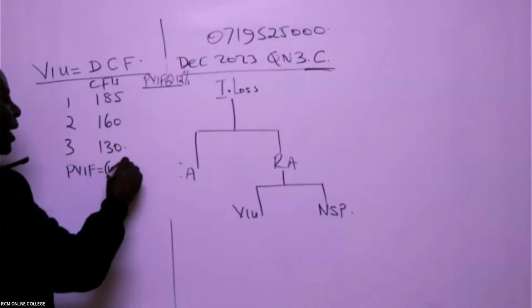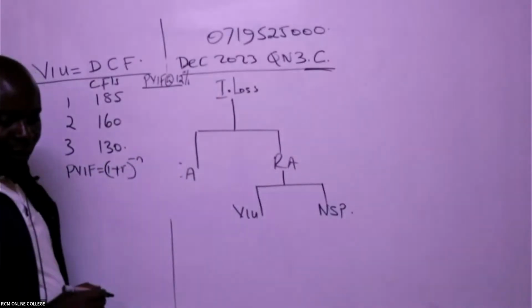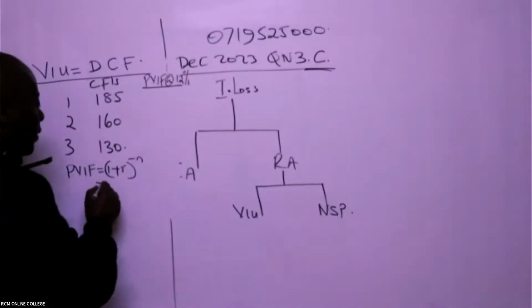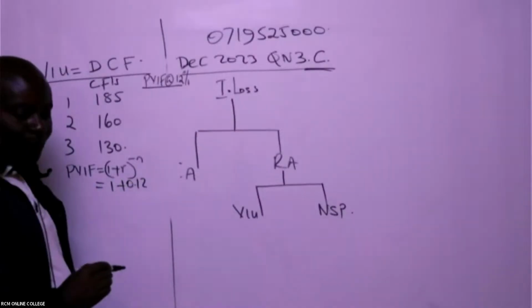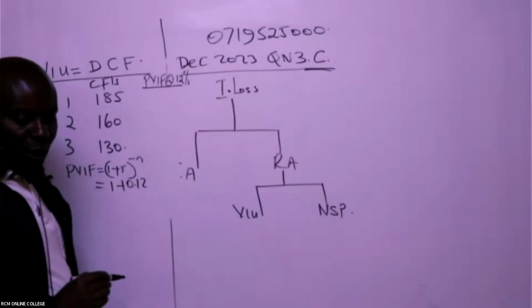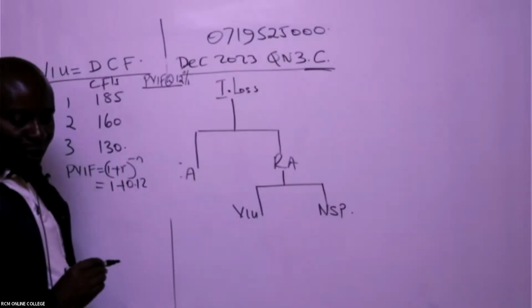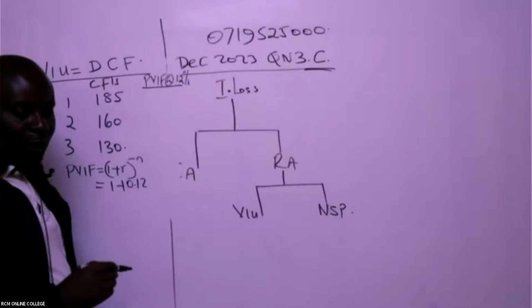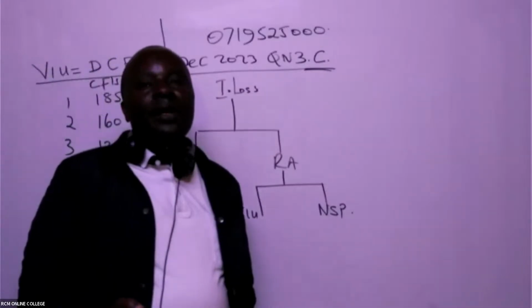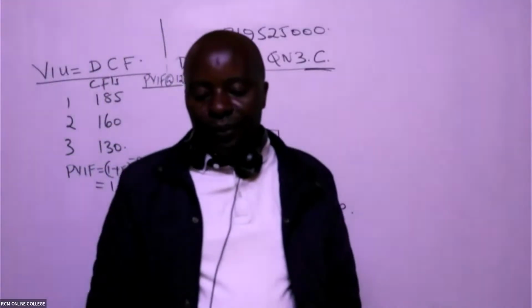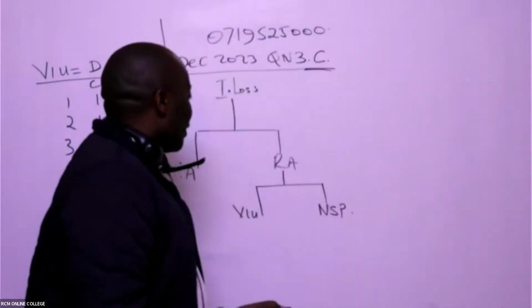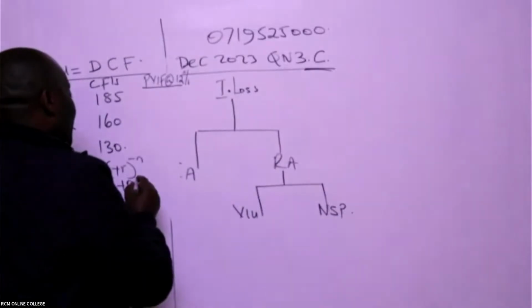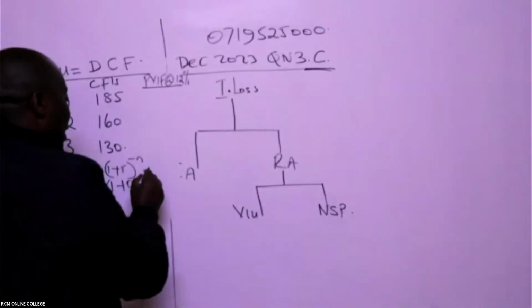PV is 1 plus R raised to negative n. Our R is 0.12, because they've given us the required return there, 12%. So 1 plus 0.12, raised to negative n.